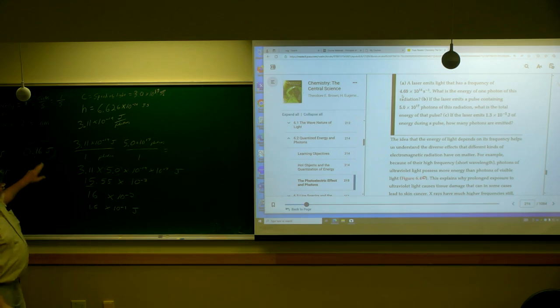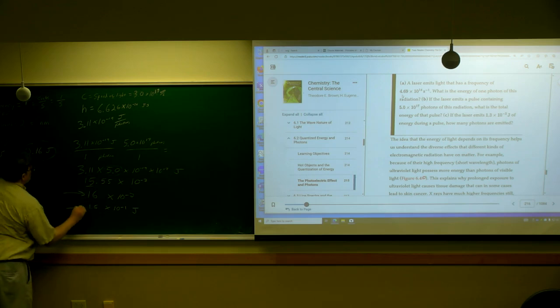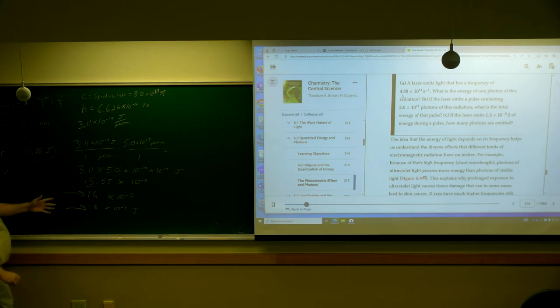That's not in scientific notation. That's in standard scientific notation. Actually, all of these, at least those two, are in scientific notation. That's standard scientific notation.